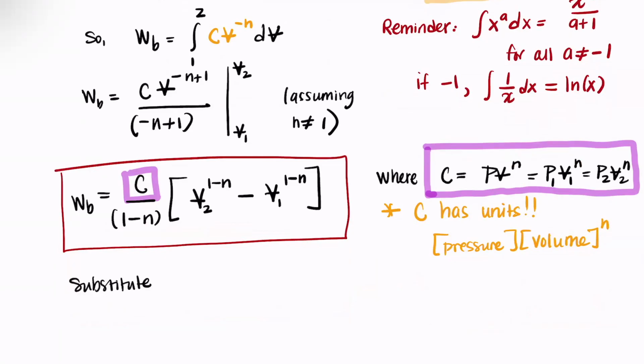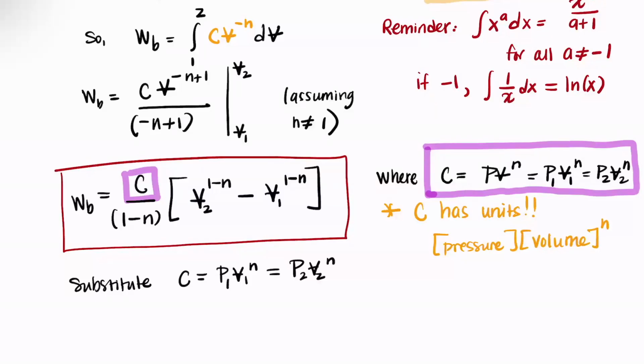We're going to substitute C equals P1 V1 to the n, and it's also equal to P2 V2 to the n.